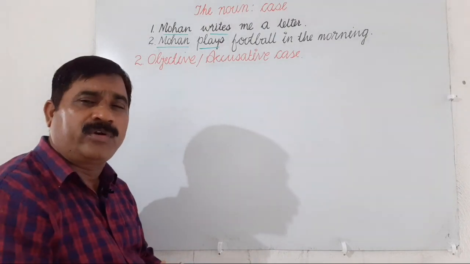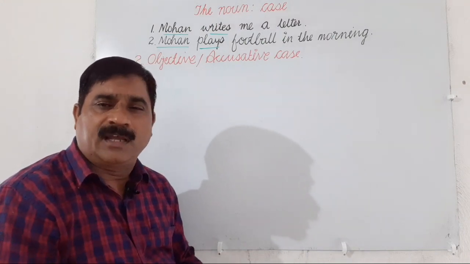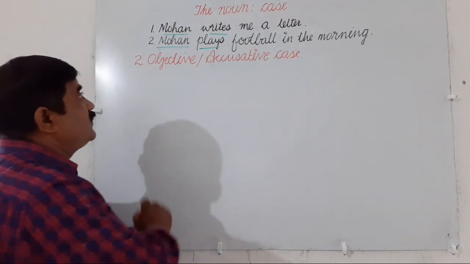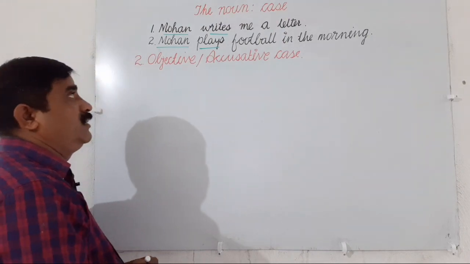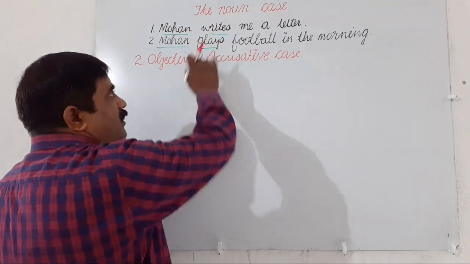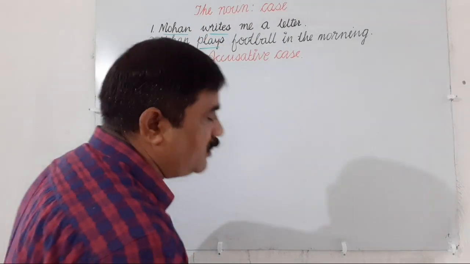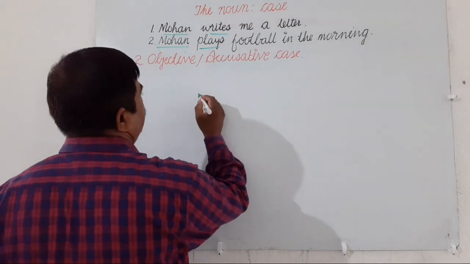By now you are familiar with the subject and verb so far, isn't it? In the first sentence, Mohan writes me a letter. Let me write down this sentence this way. Have a look at the structure which I am going to make.